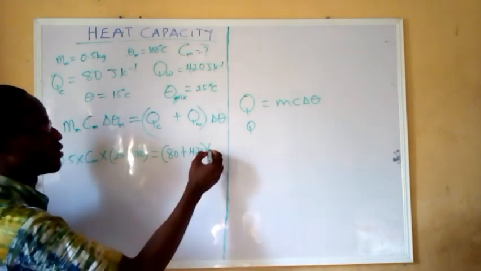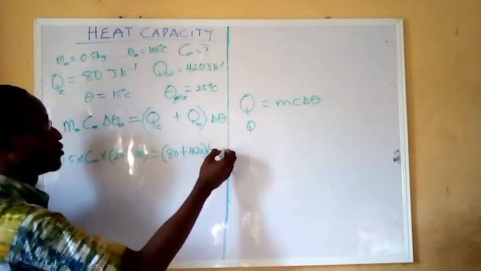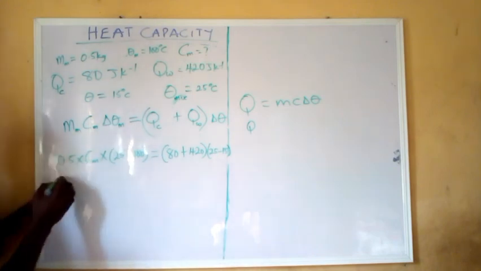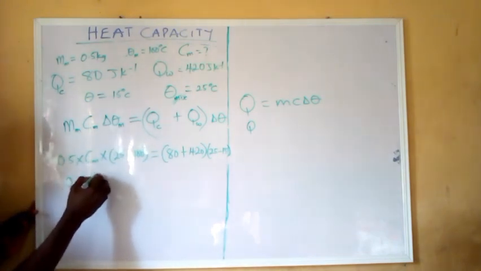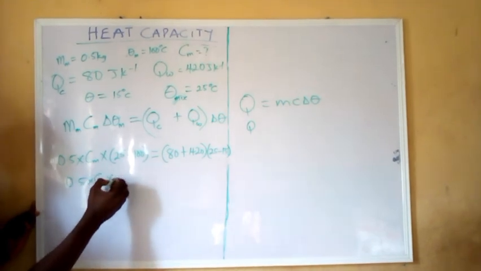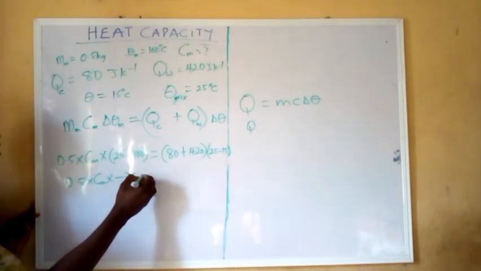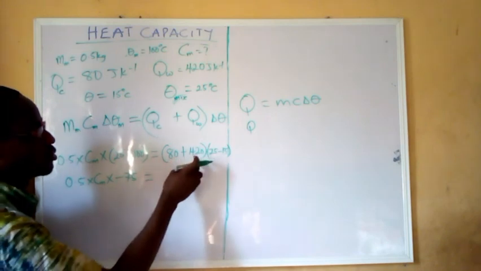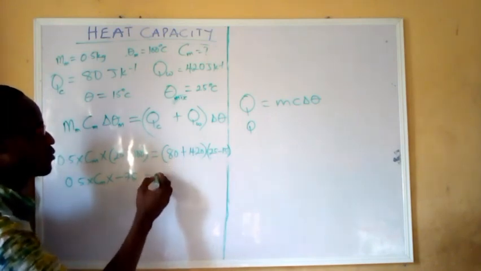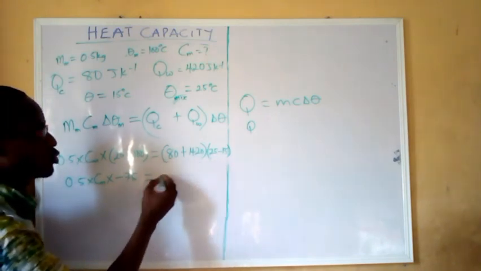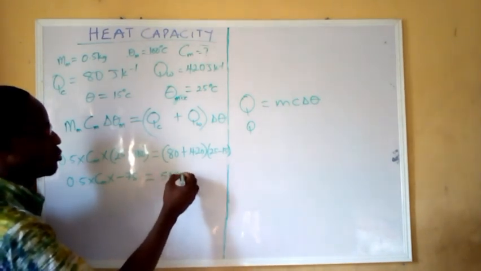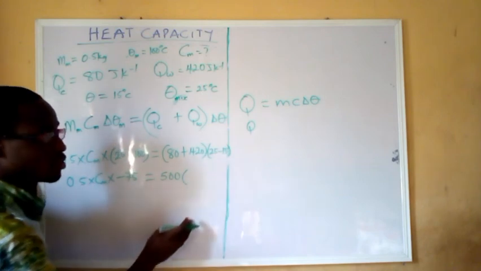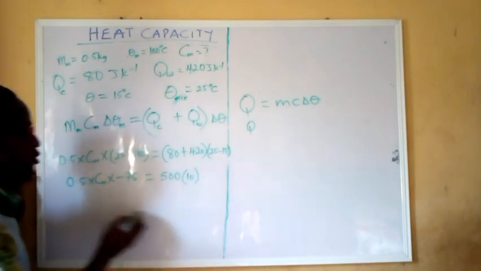So we have 0.5 times Cm times minus 75 is equal to 80 plus 420, that is 500, multiplied by 25 minus 15, that is 10.